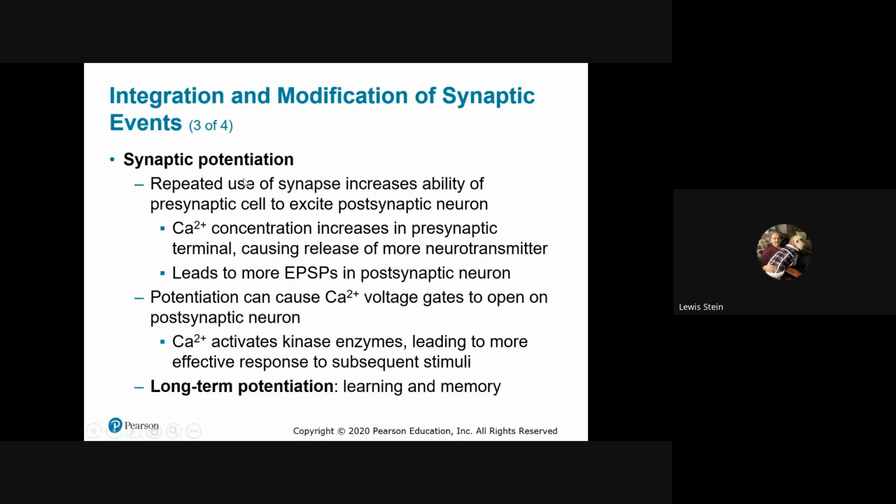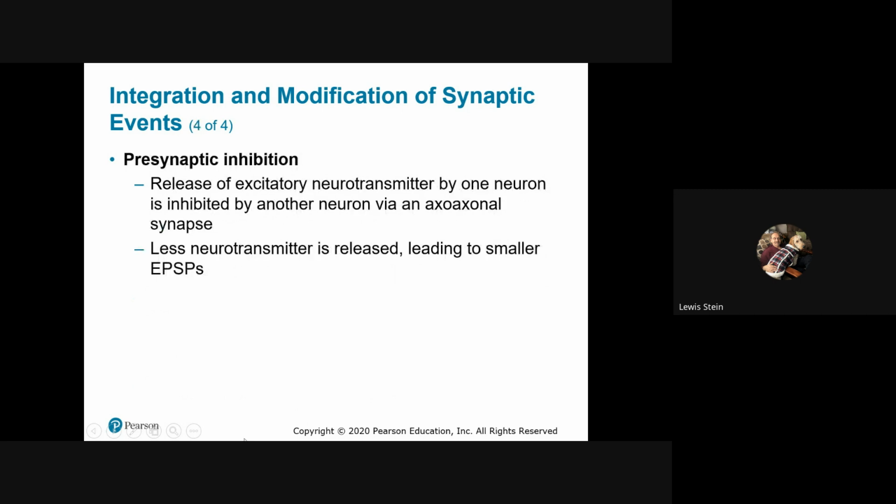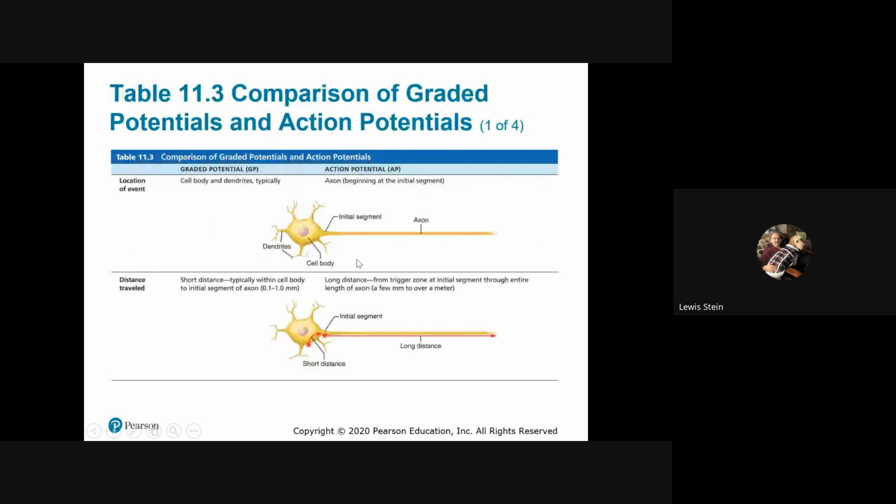So calcium concentration increases, calcium voltage gate is open, etc., enzymes, and this is the idea of learning and memory. When you're using circuits longer, I mean, it facilitates their usage. There's a lot in the body that's use it or lose it, and this is just another example. Okay, and the same thing, we can have inhibition as well.